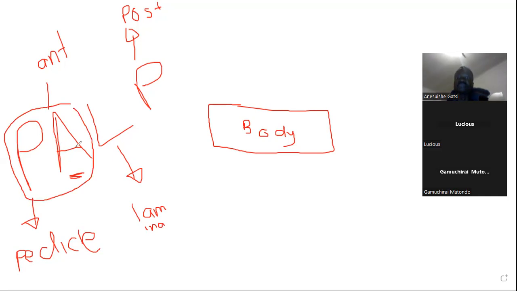Pedicle is anterior. So extending from the body, I'm going to have a pedicle.